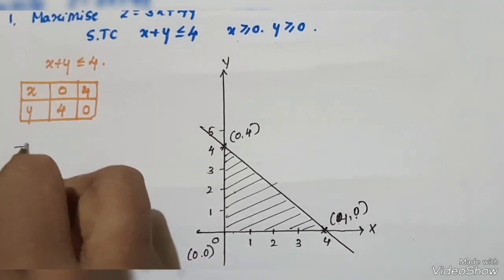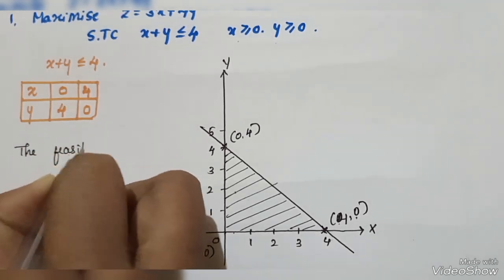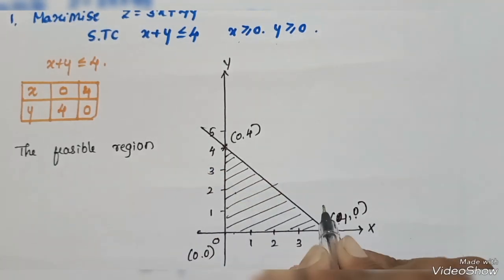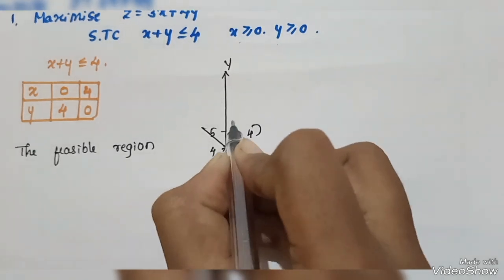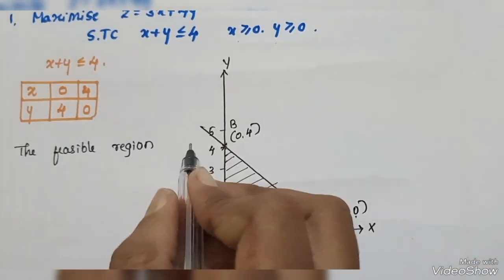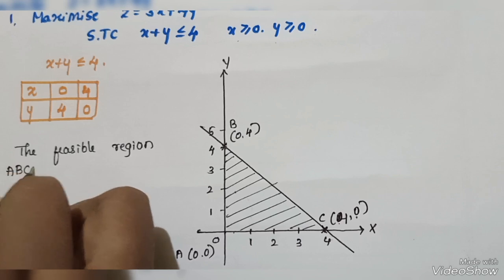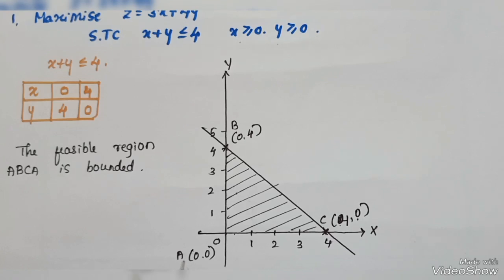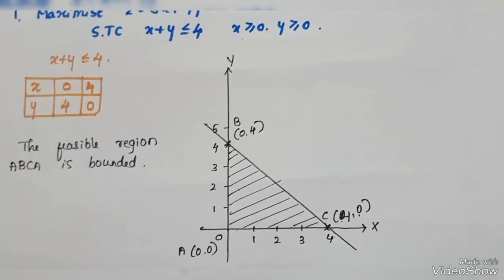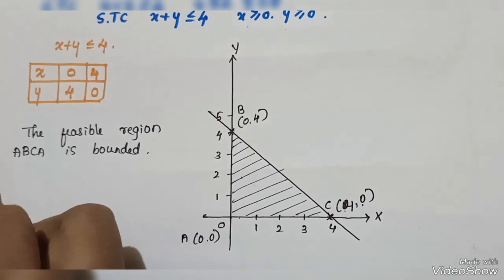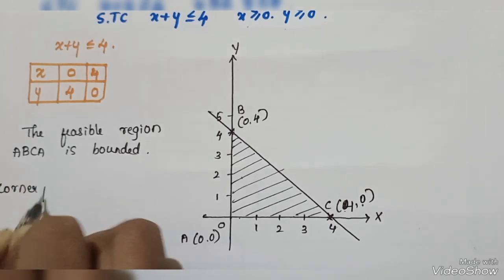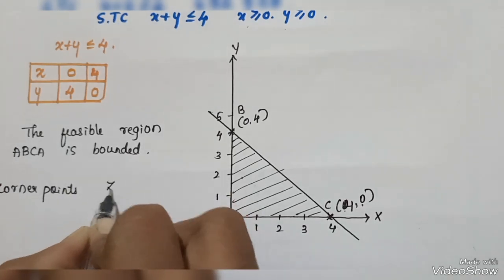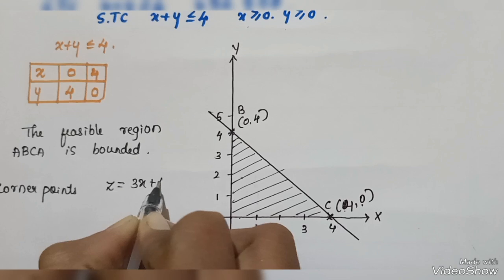The feasible region with corner points A, B, and C, that is A, B, C, A, is bounded. Therefore we have maximum or minimum. Here are the corner points and z, the objective function 3x plus 4y.